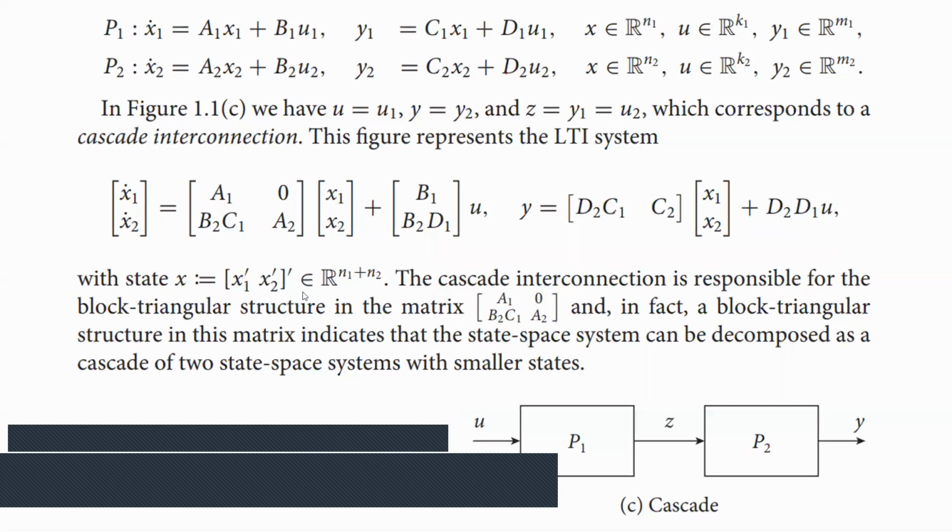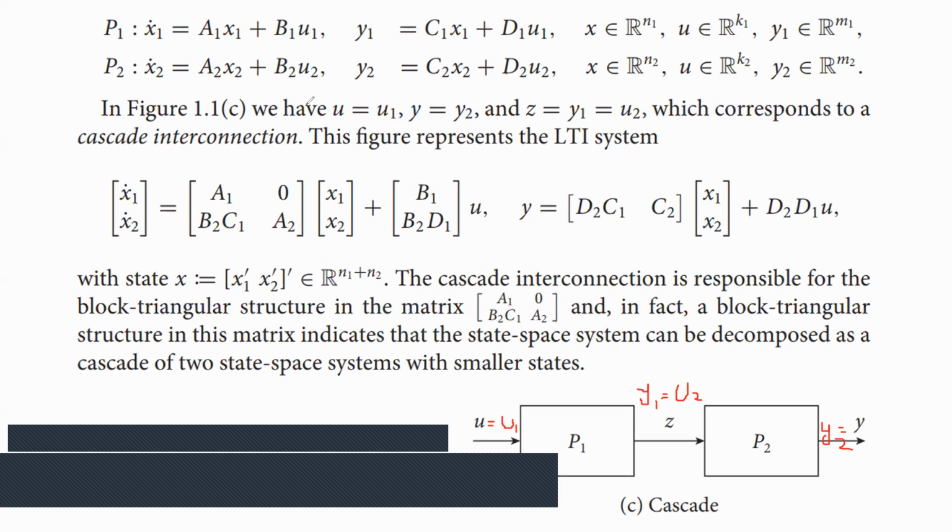Okay, as you can see, in the cascade case, the situation is a bit different, and we have U, primarily U1, and here we have Y1, which then becomes equal to U2, and similarly we have Y2, which then becomes equal to 1.